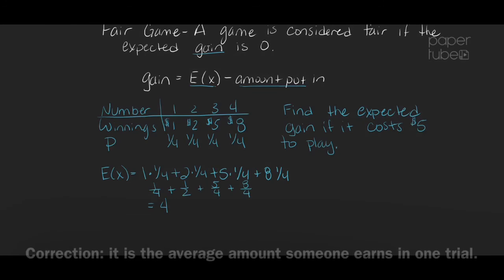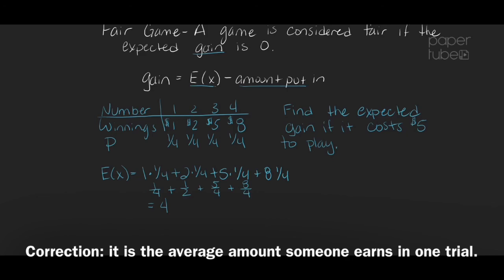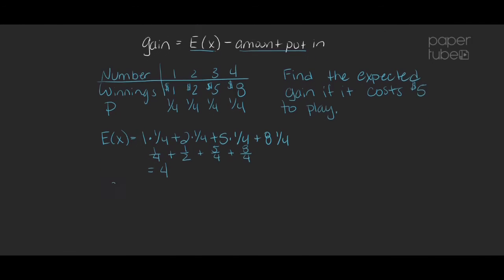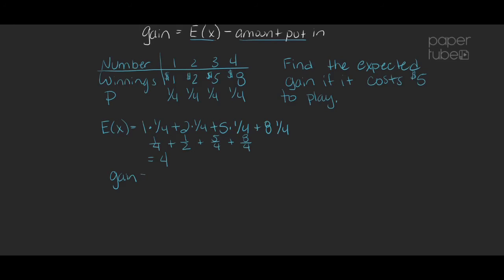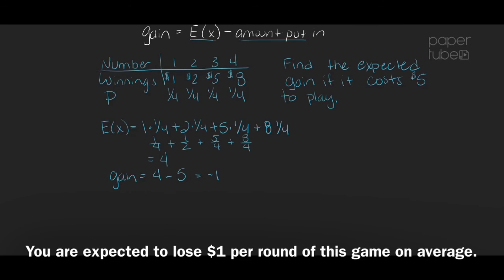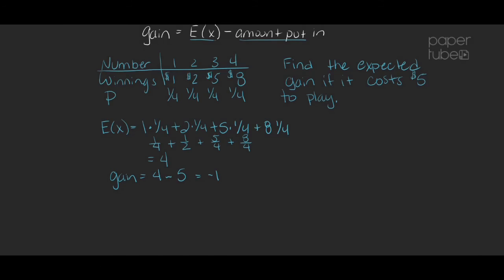It is the average amount that somebody would earn if they repeated this experiment multiple times. So your gain, in this case, is 4 minus the $5 that you put into the game, which means you're expected to lose $1. So because this expected gain is not 0, then this game is not considered fair.